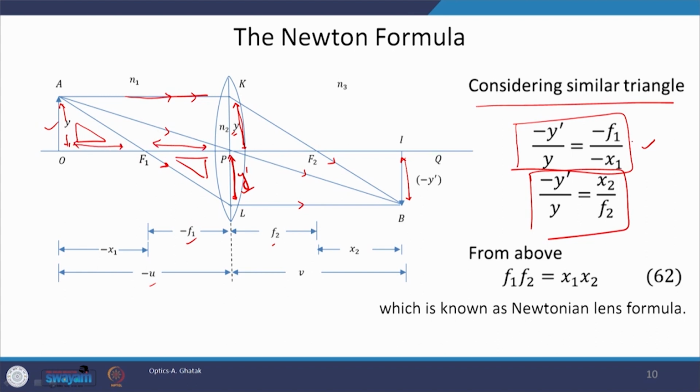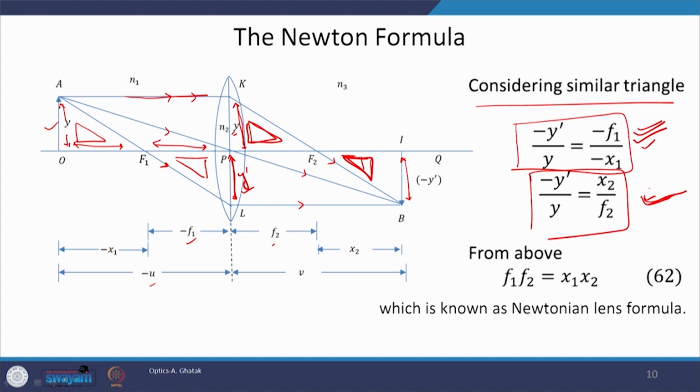This is what is given here in this first formula. Similarly, in this triangle too we can do this. The second two triangles in which we will apply the similar triangle rule are these two, and from these two triangles we will get this expression.